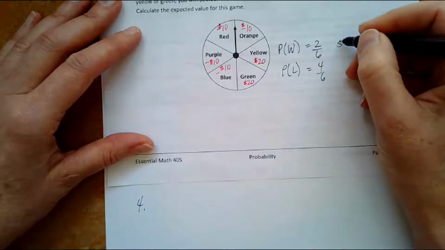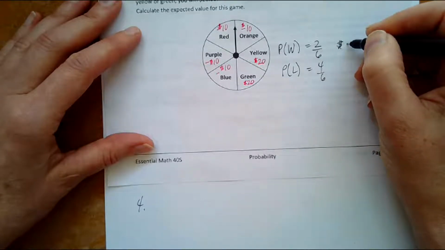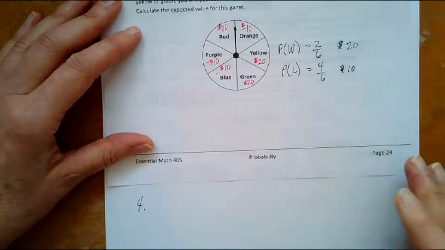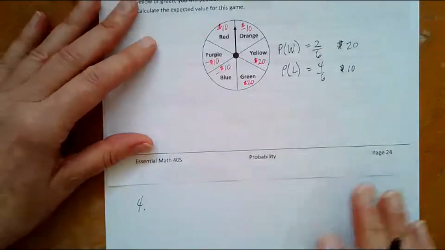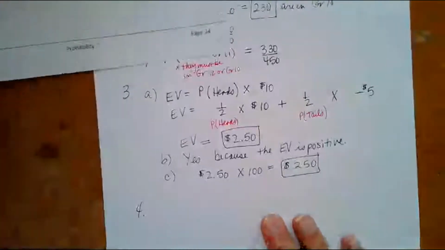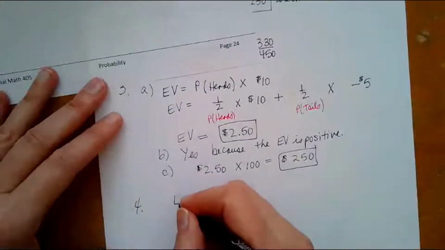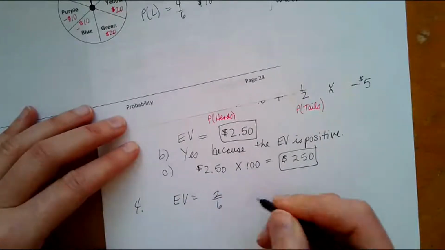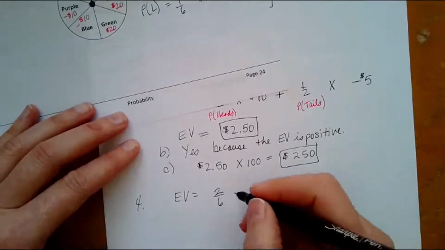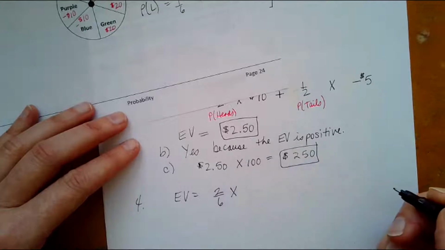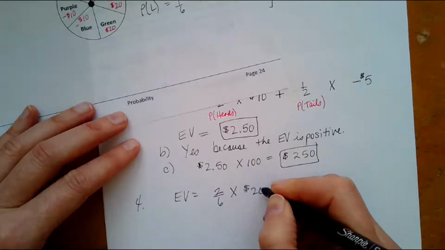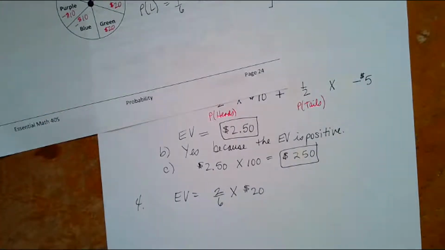And I can win $20 or I pay 10. Okay. So that's how we do this one. So expected value, this is what I need for my formula. The probability of winning, which is 2 out of 6, and I win $20.